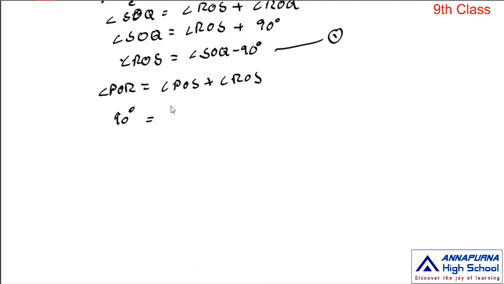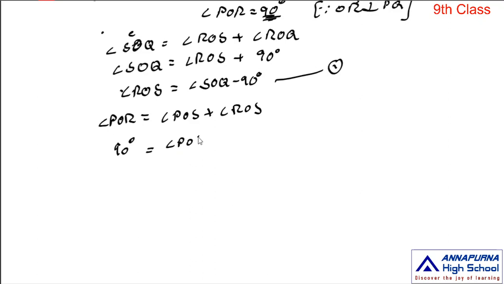So 90 degrees is equal to angle POS plus angle ROS. Angle ROS is equal to 90 degrees minus angle POS. This is equation number 2.